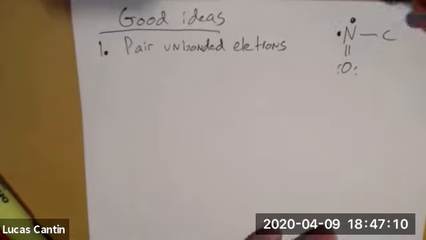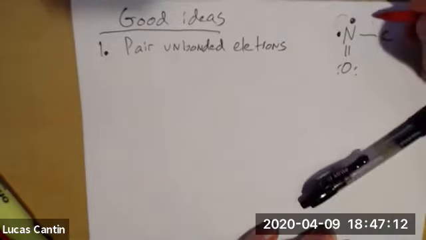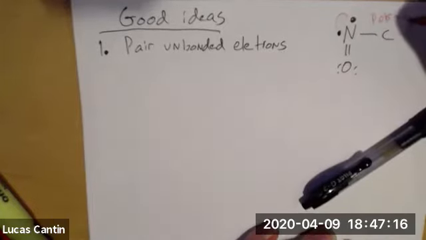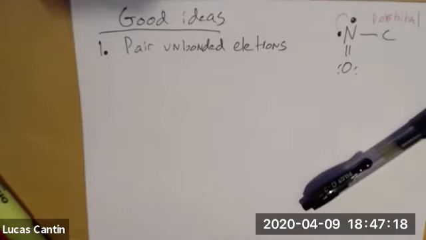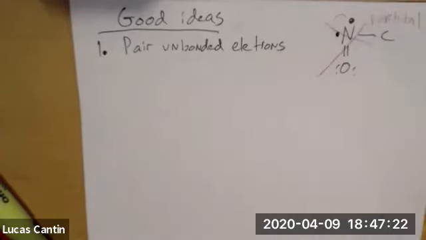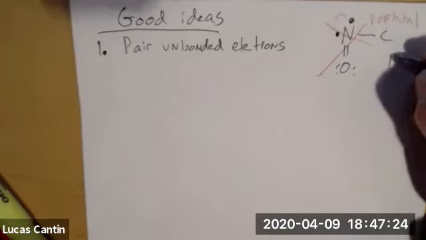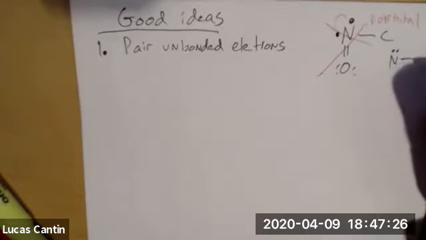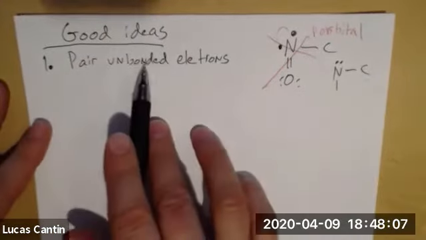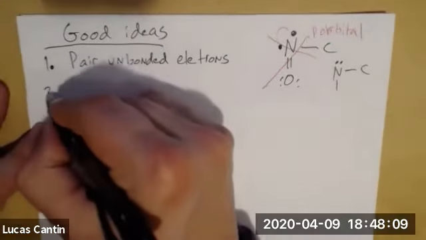They imagine that they're in a p orbital. So I wouldn't do this, but rather I would do something like the nitrogen would put them together, basically. Yeah. Well, let's continue. So pair unbonded electrons is really important.